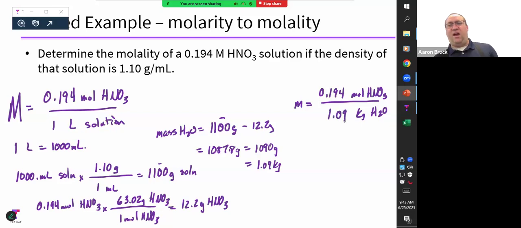So 1.09 kilograms is the result. So 0.194 divided by 1.09. My molality to three significant figures is 0.178. 0.178 molal nitric acid.